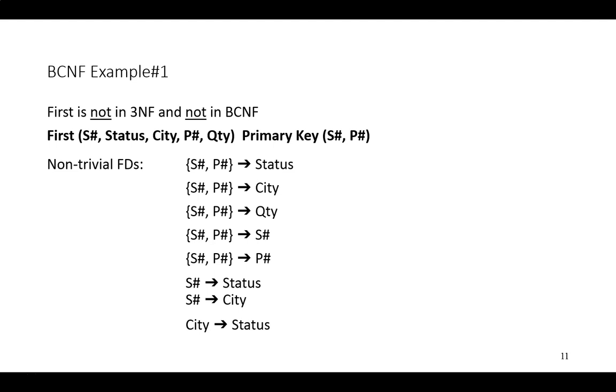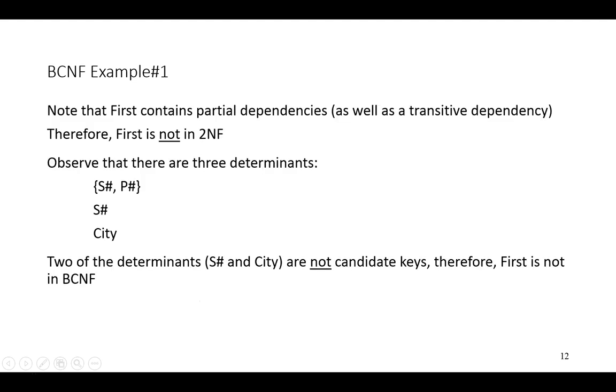Boyce-Codd normal form is not satisfied because every determinant must be a candidate key, and you can see that we have several determinants here, and not all of them qualify as a candidate key. Additionally, as we look at this, we can come up with a little bit more criticism of this table or relation called first. It contains partial dependencies as well as the transitive dependency.